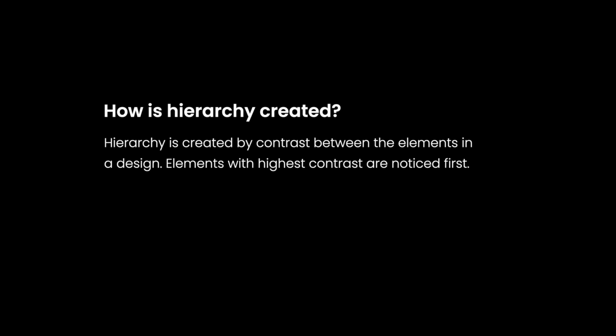As I explained in my previous video on the principle of contrast, contrast can be created by using scale, color, space, alignment, and proportion. If you haven't watched that video, go check it out. Now we are using that principle to create hierarchy. Anything that has the highest contrast will be noticed first.